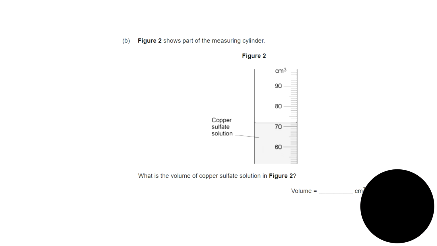So we would look at the line which is on the second line above 70. I can see that there are 10 little lines between 70 and 80, so that must mean that the scale on there must be 1 little line for 1. So just reading that, we can see that that is 72 cubic centimetres.